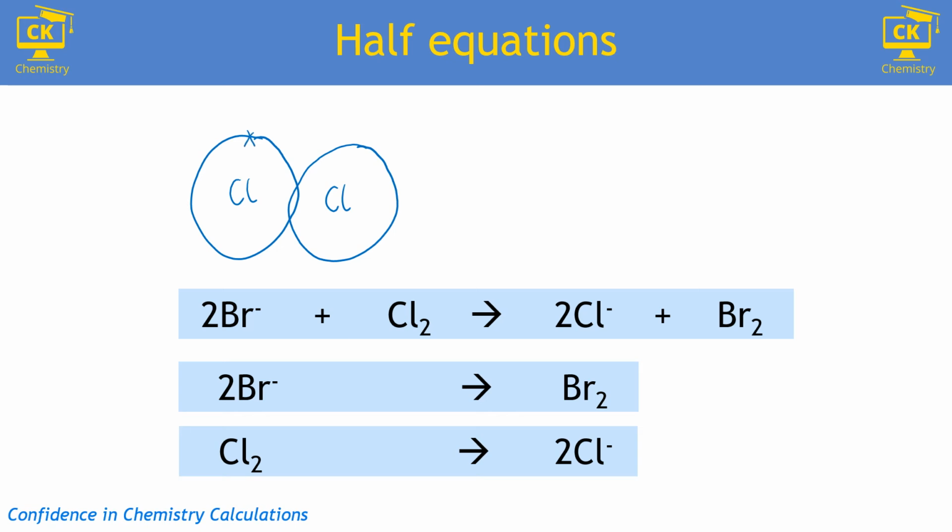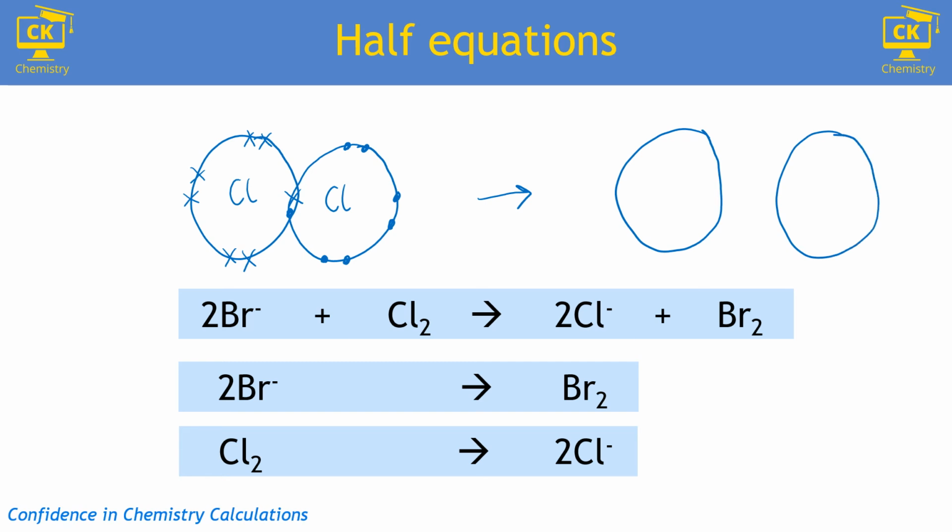Chlorine's in group 7, so the reason that we've got this diatomic molecule here is because we've got this electron arrangement with each chlorine atom having 7 electrons, sharing one single covalent bond to make Cl2. And then on the other side of the reaction, each of those chlorine atoms are now separate from each other.